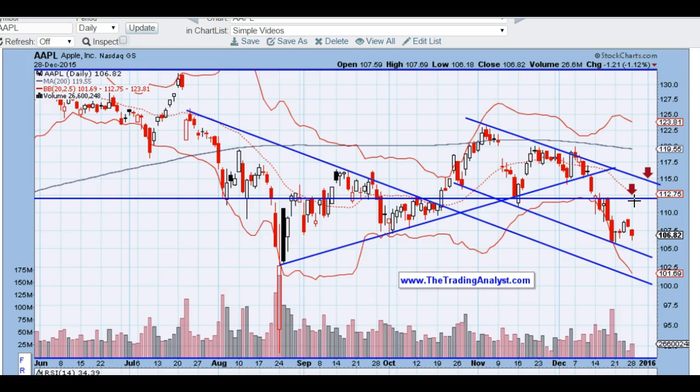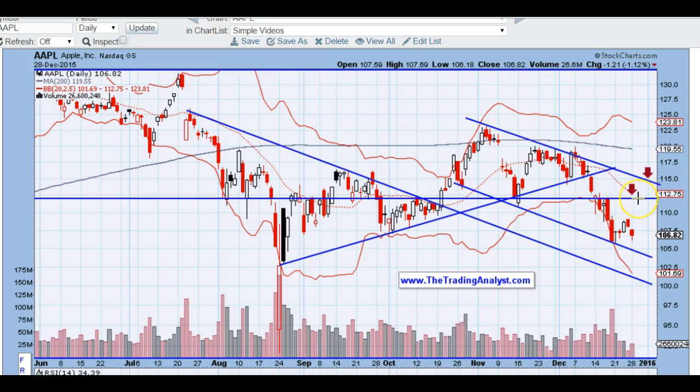But really the preference I have on Apple is kind of just to wait until Apple gets up to this 112.50, possibly 115 area in order to get a nice short on that. Right now we have this resistance. The big resistance is at 112.50.